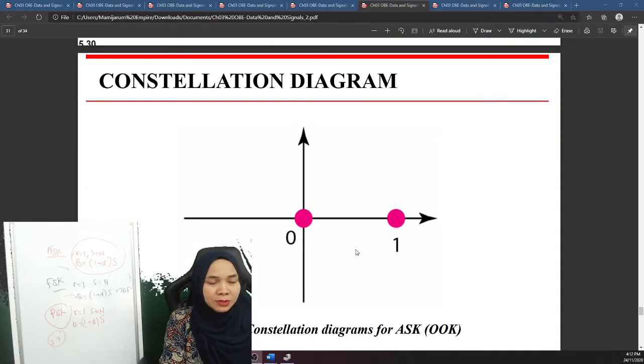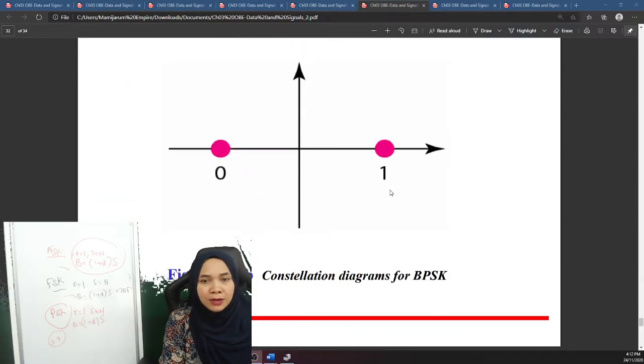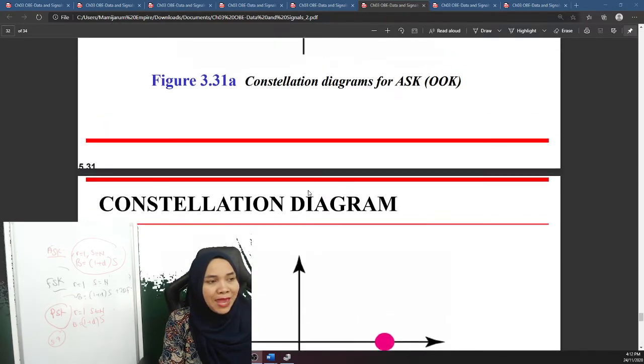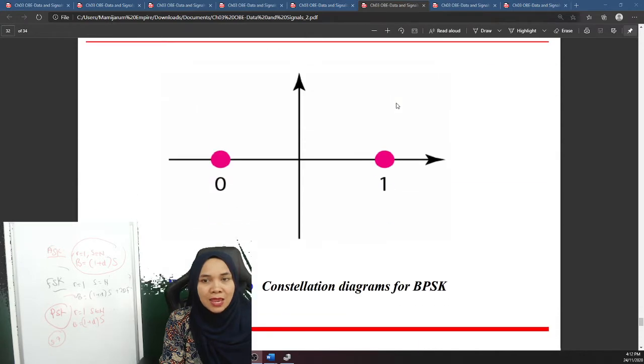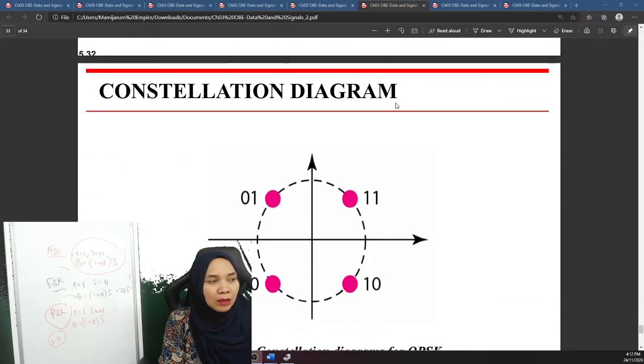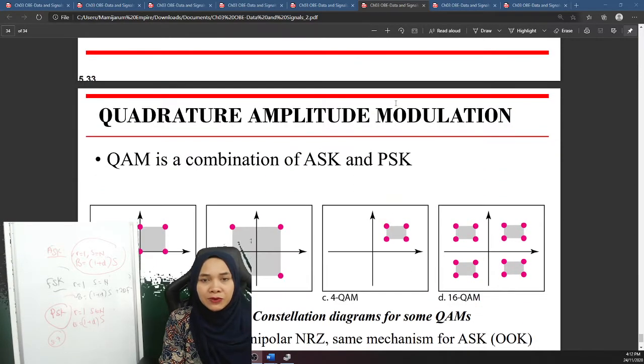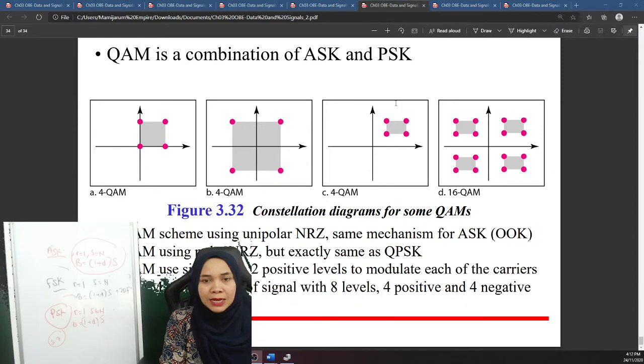So this is the constellation diagram. 0 and 1. This is the constellation diagram for BPSK. This one is for ASK, this one is for BPSK. This one is for QPSK. Quadrature amplitude modulation is not in the syllabus.